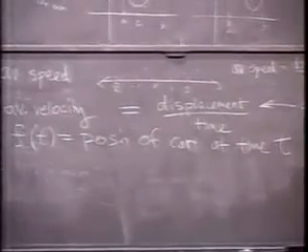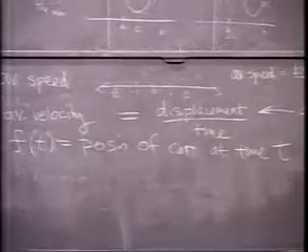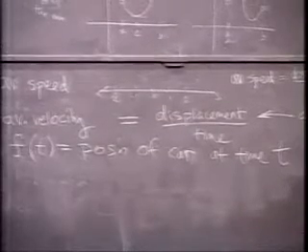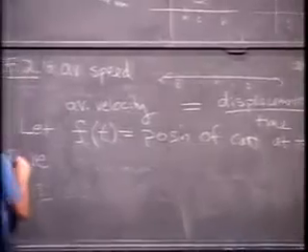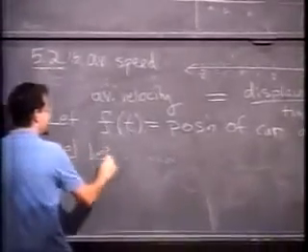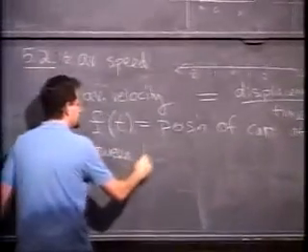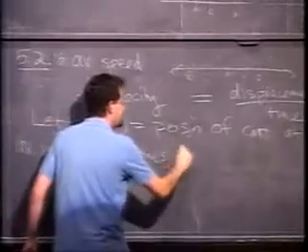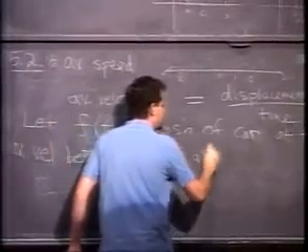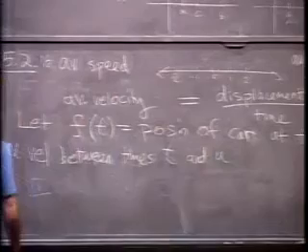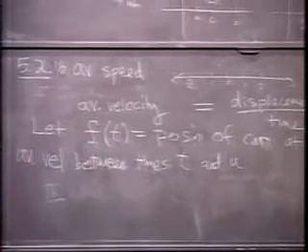So I know the complete motion of the car. What I want is the velocity. So the average velocity between time t and u. So t is what I'm interested in. I'm going to let u be a little time later than t.